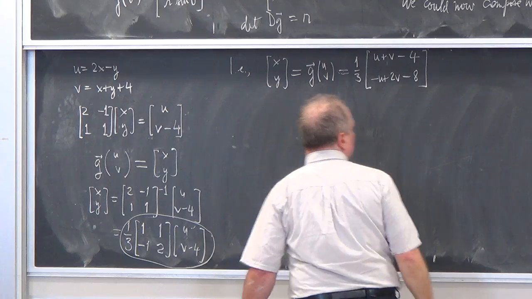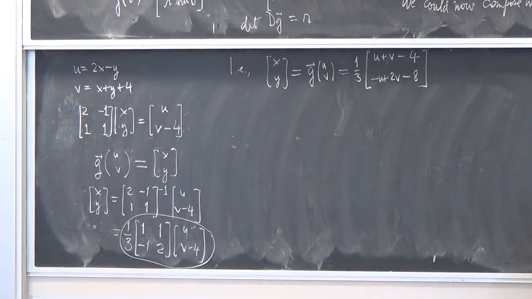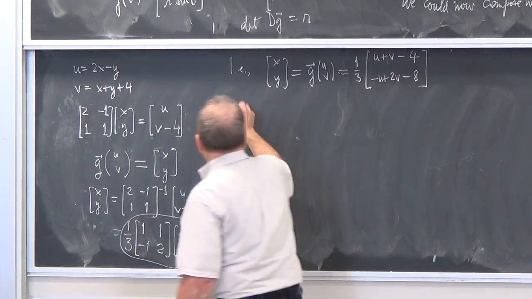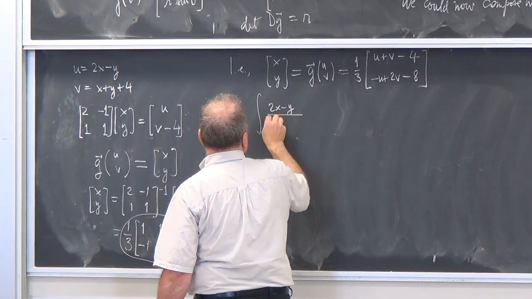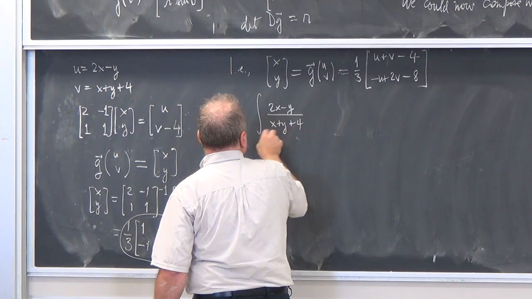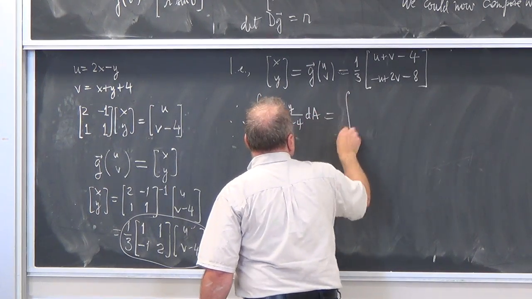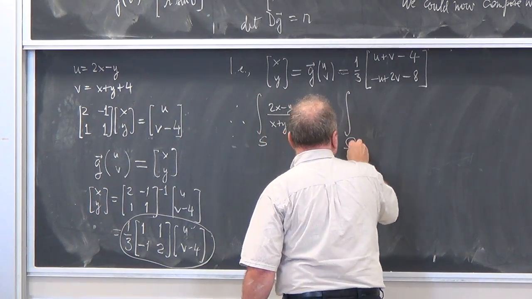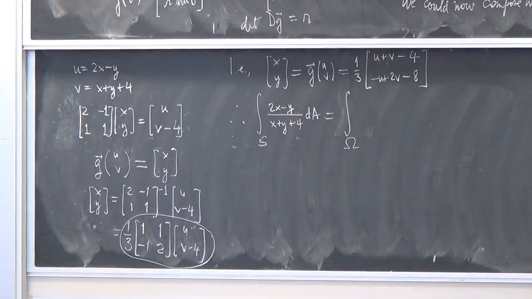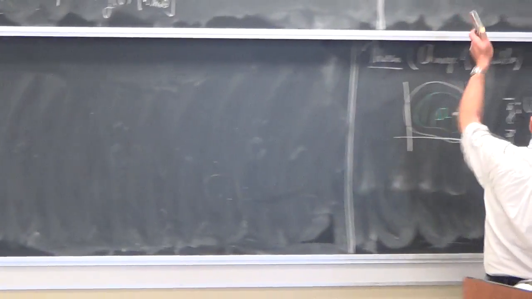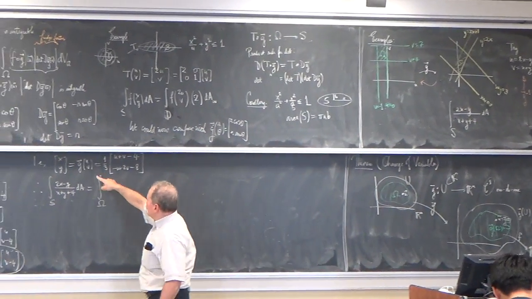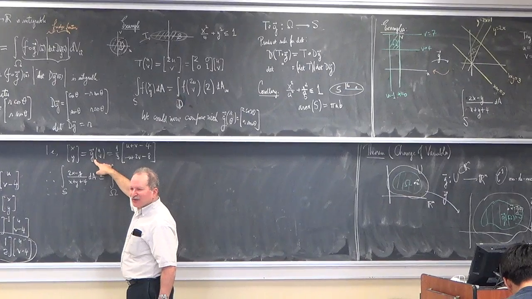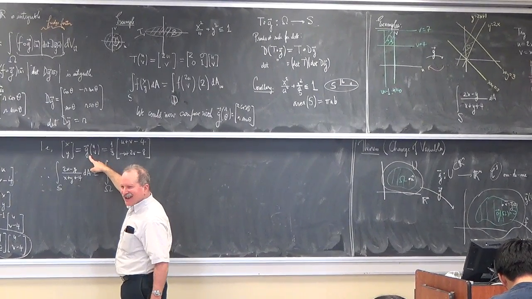Okay, so what do we get when we write down the change of variables theorem? The original function integrated over S, according to the change of variables theorem, becomes an integral over this rectangle omega. What is f of g of (u, v)? Don't overthink this.